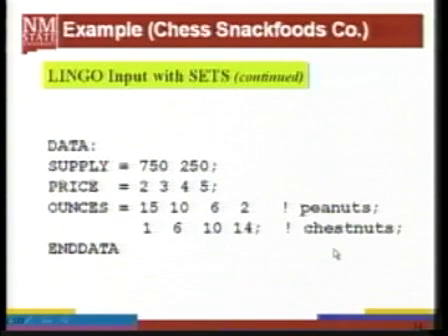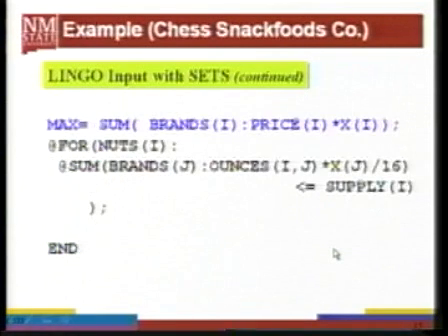Okay, now our sets are defined, so we can move on to building the data sections, right? Here, we can initialize the three different attributes: supply, price, and ounces, in the data section. With the sets and data specified, we can enter our objective function and constraints like this.